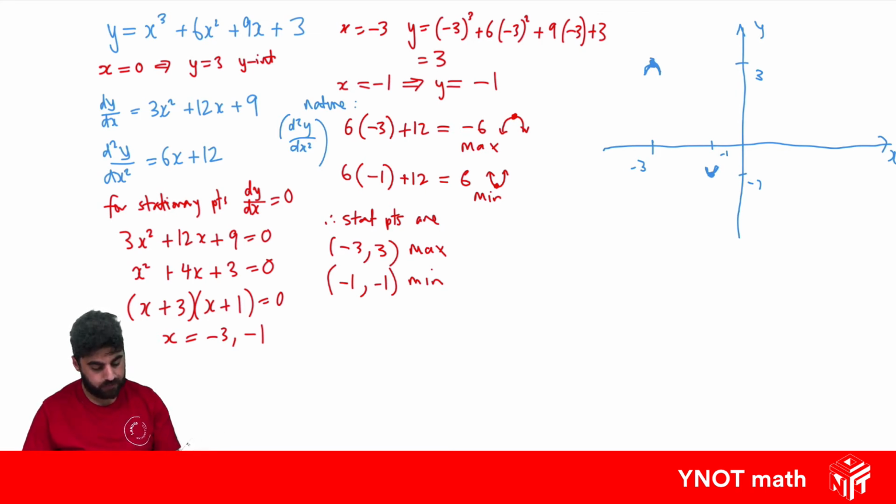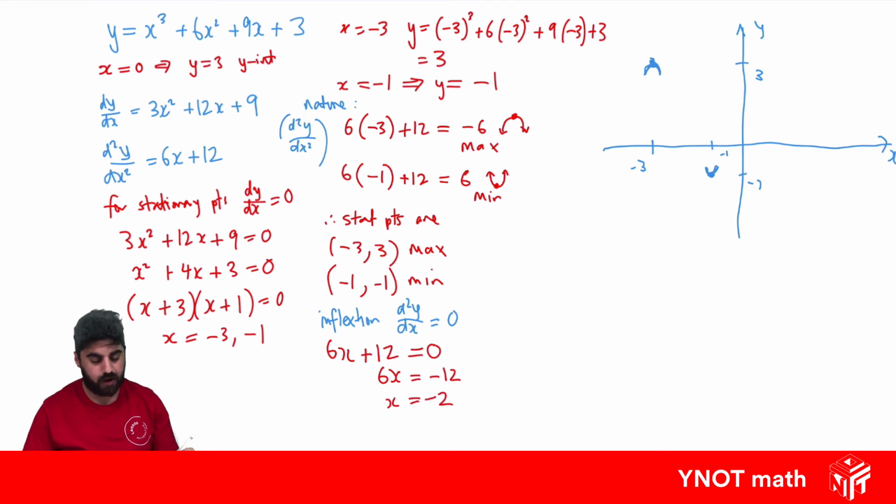For our point of inflection, that's where the second derivative equals 0. We're going to take our second derivative of 6x plus 12 and make it equal to 0, and solve for x. So we'll minus 12 from both sides, then divide both sides by 6.